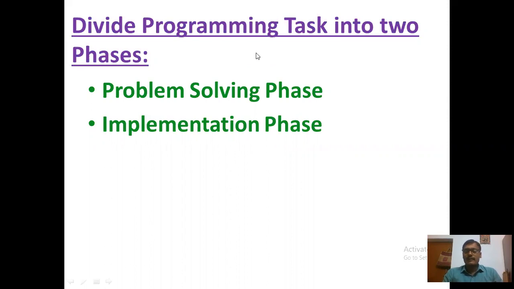So problem solving phase, it involves producing ordered sequence of steps that describe a solution. Okay, before starting to make program, you have to think over the problem. Okay, and it should be sequence of steps that describe a solution. This sequence of steps is called an algorithm.